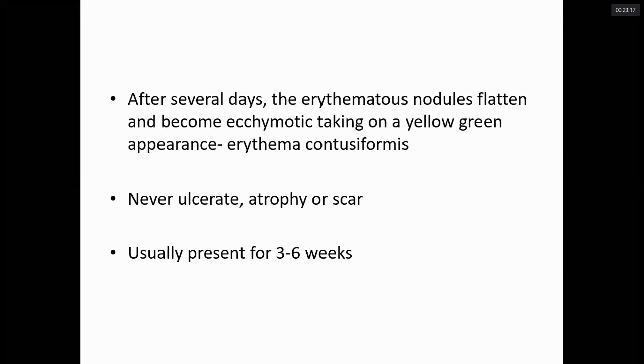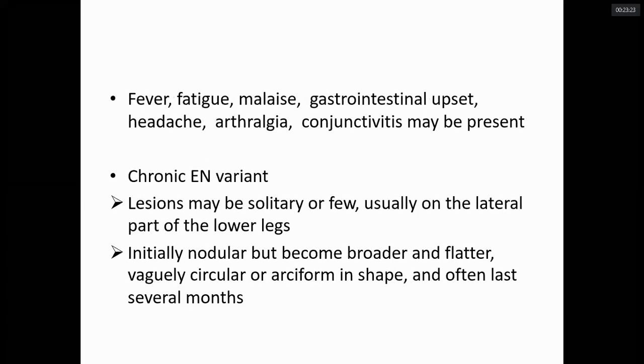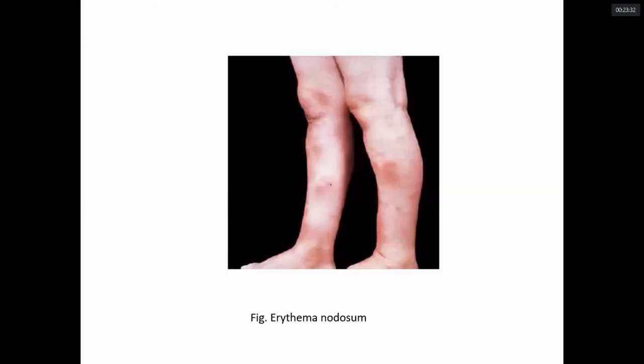Erythema nodosum never ulcerates, atrophies, or scars. It is usually present for 3 to 6 weeks. There can be other features like fever, fatigue, and malaise. And these are the pictures of erythema nodosum, which mostly appears over the shin on the anterior aspect of the leg.